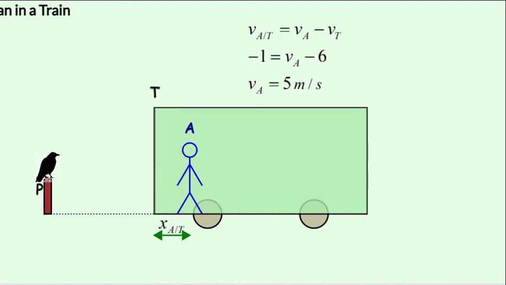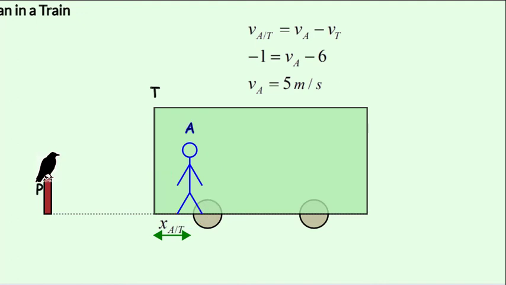But the velocity of the man with respect to the observer would be 5 meters per second to the right. Although the man walks to the left, the net displacement between the man and the observer keeps increasing at every instant at the rate of 5 meters per second.